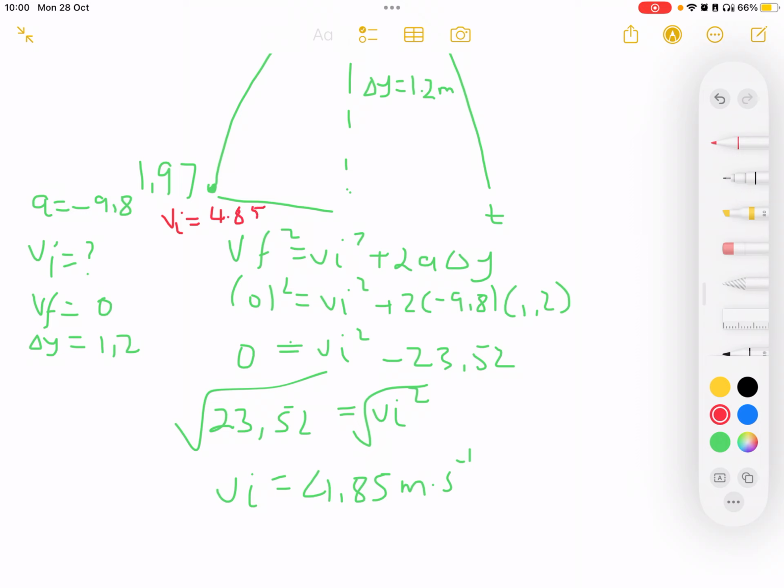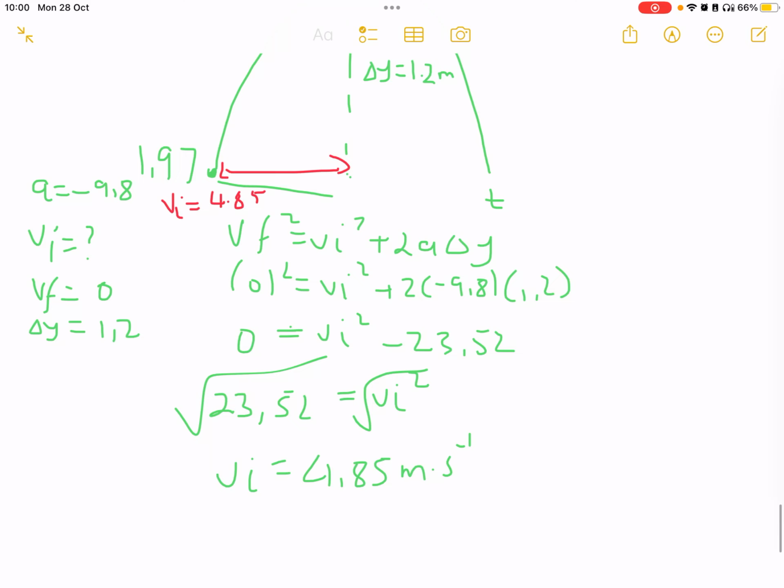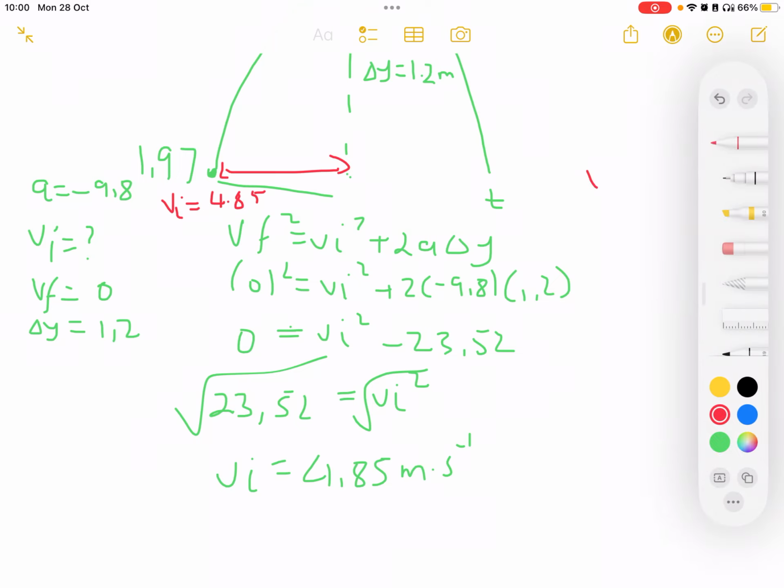Now we want to know how much time it took for it to move from here to maximum. So this means now we have our VI 4.85, VF at maximum is 0. We also have our acceleration negative 9.8, things that are reliable.